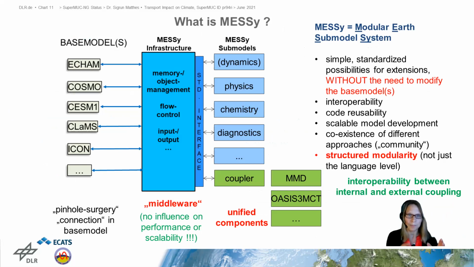So that means we have a kind of pinhole which allows us to get, via an interface, the basic variables from the base models and link them to the MESSy submodels, which are then developed independently, and you can select them along your needs for a specific simulation setup. And what is really central here is this kind of structured modularity in the whole configuration system of the MESSy system.